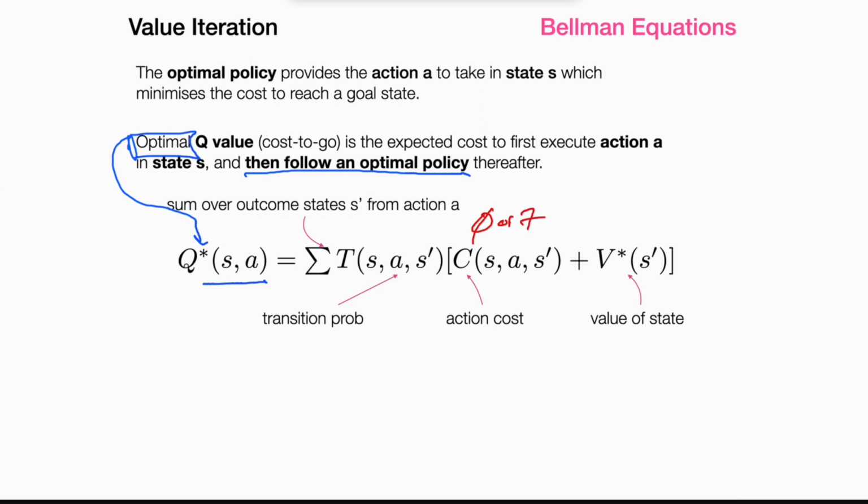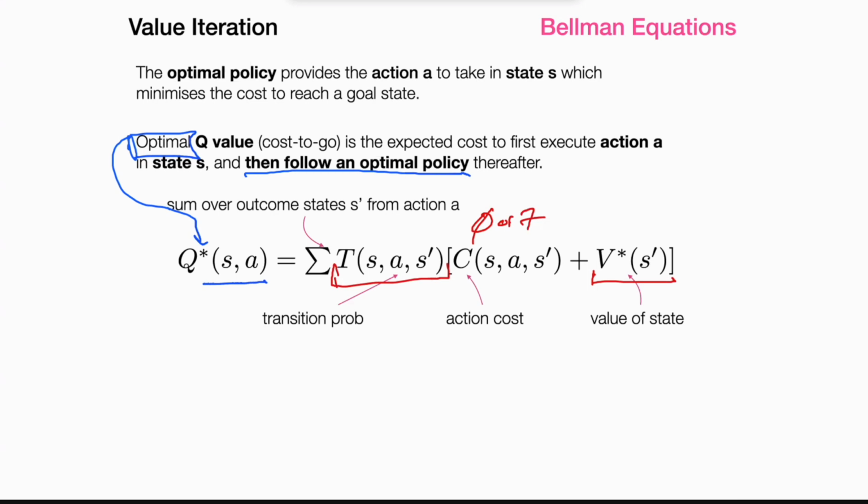That's the cost of the first action. And we then have the value of the remaining state, the state we reach. And we sum that up and multiply it by the probability of reaching that state.